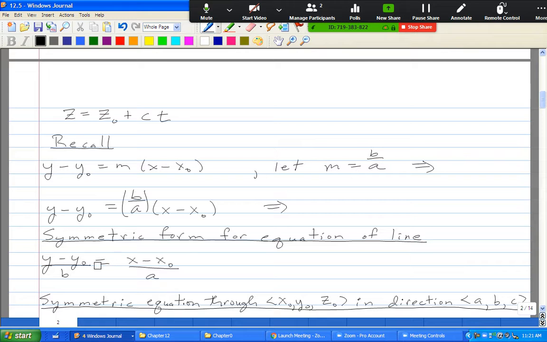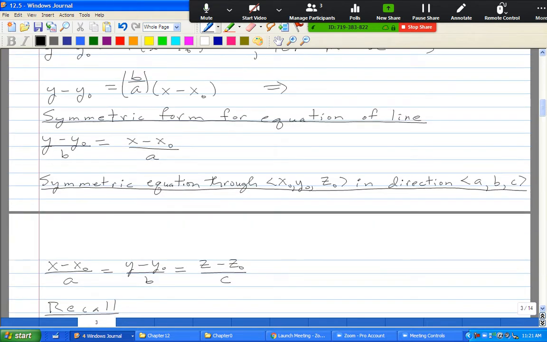Recall that this form can be written even when either a or b is 0, under the understanding that if, let's say, a is 0, then the numerator must also be 0, that x must equal x sub 0 for all x. And so under that assumption, I can write any line in this form.